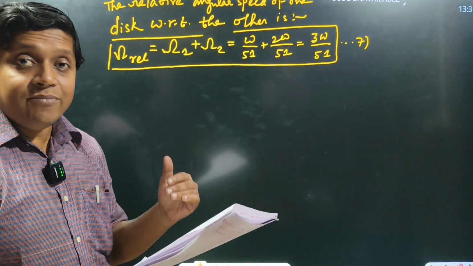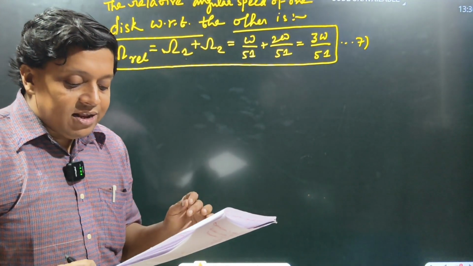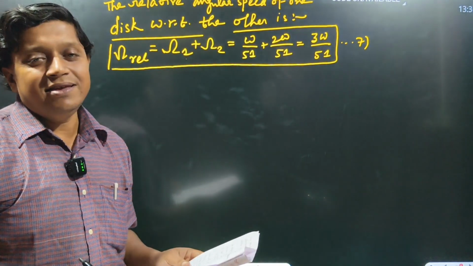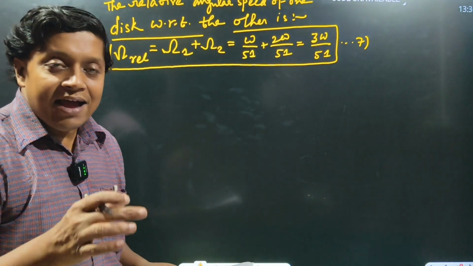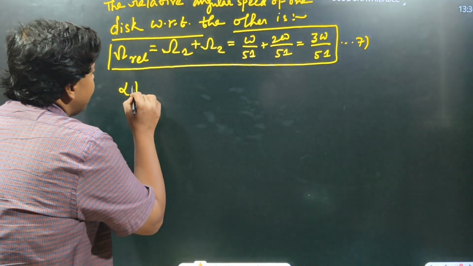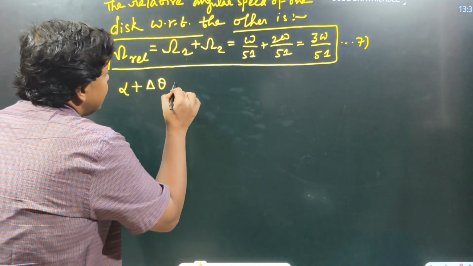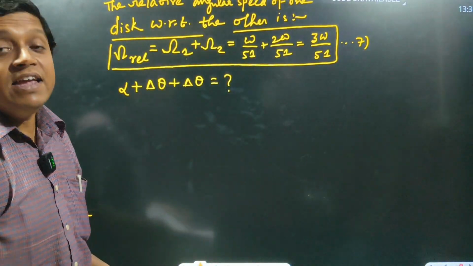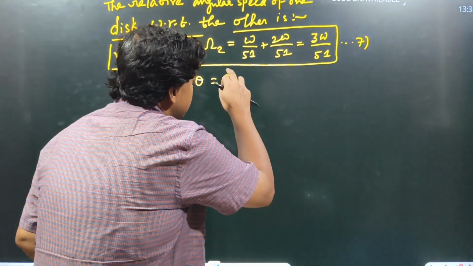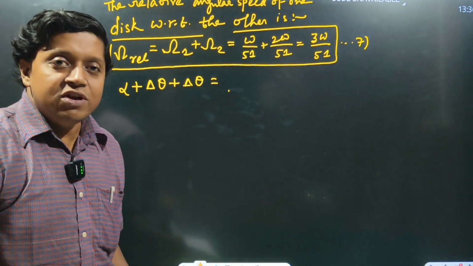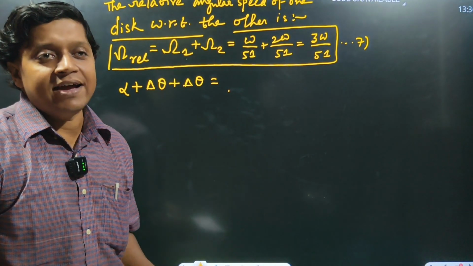And when they again come in contact, similarly the angle between their centers will be delta theta. This clearly implies the angle rotated, that is alpha, plus delta theta plus delta theta, will be equal to 2 pi. Because in one complete revolution, 2 pi is the angle traced out.